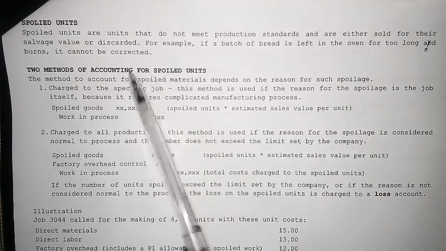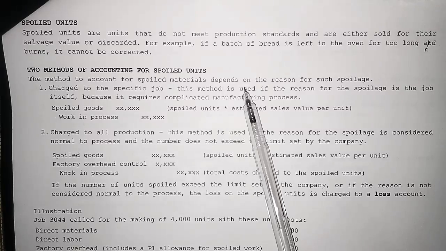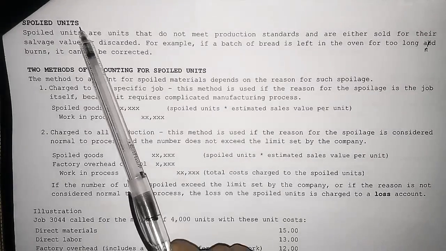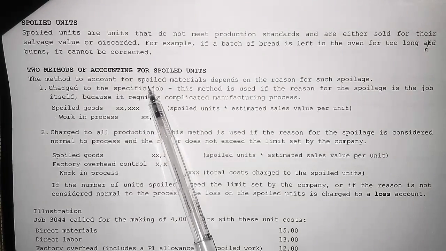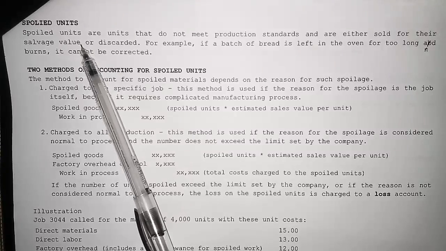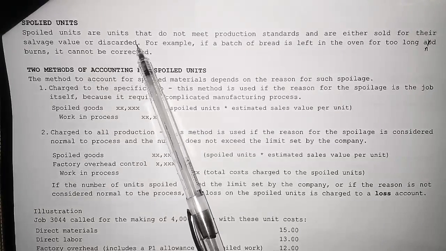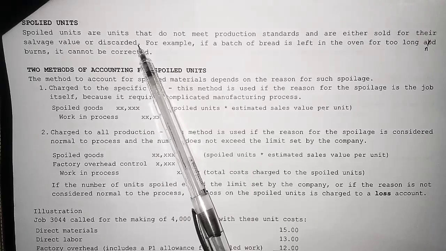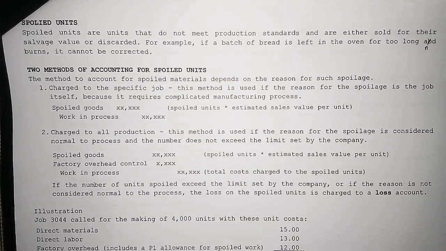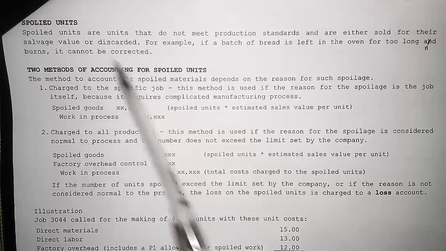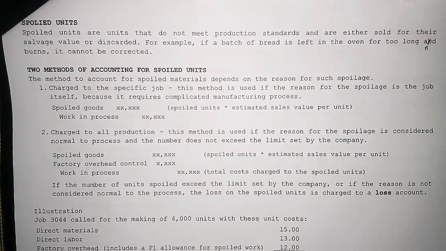Hindi mo na siya pwedeng gawan ng paraan para maging finished good ulit. Kumbaga, kapag may spoiled units sa production, ang option mo na lang is ibenta siya at their salvage value or itatapon na lang, discarded. Either itatapon mo na lang or sisirain mo na lang yung units na spoiled.